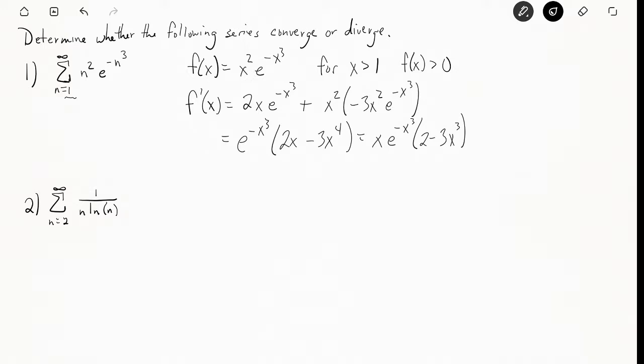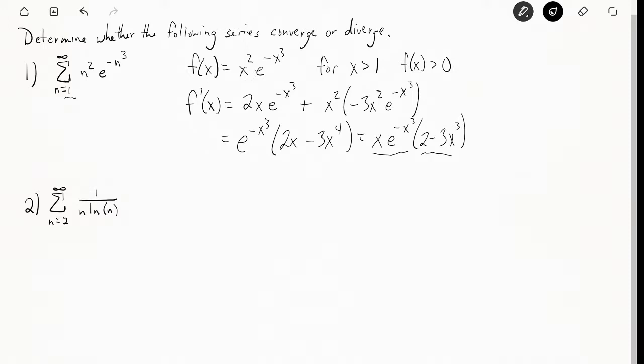So now think about this. These two terms are positive when x is greater than 1. What's going to happen when you plug any number in for x greater than 1? Well, that whole thing is going to be negative. And since that's negative, that means this function is decreasing.